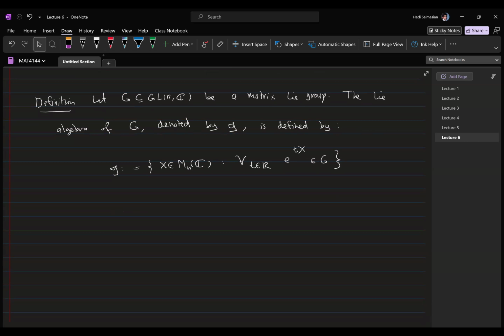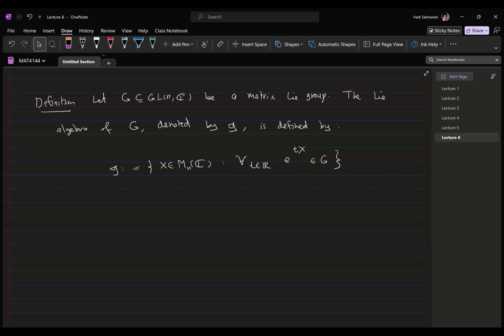We will show that they form a Lie algebra, and this Lie algebra, of course, deserves to be called the Lie algebra of the group G. More or less, the structure of G is understood by this Lie algebra. A lot of things about the structure theory of capital G can be understood using little g.